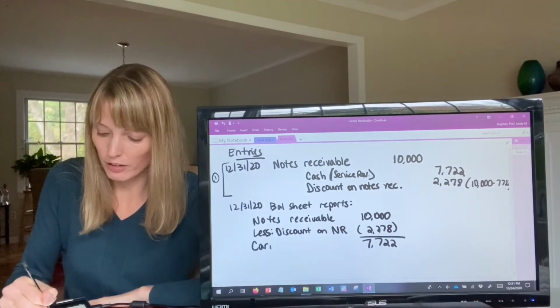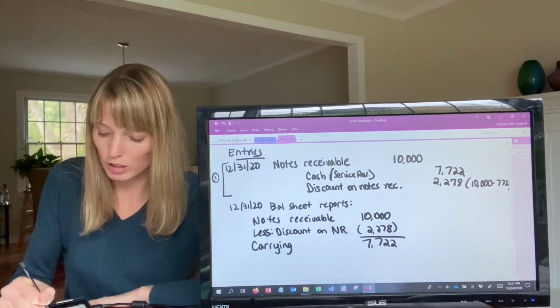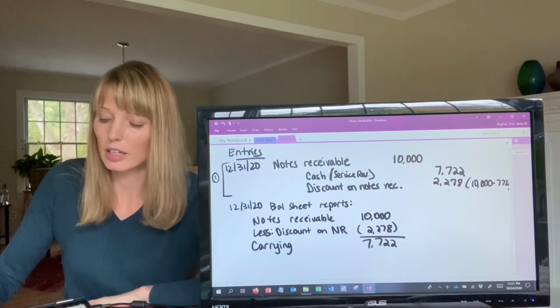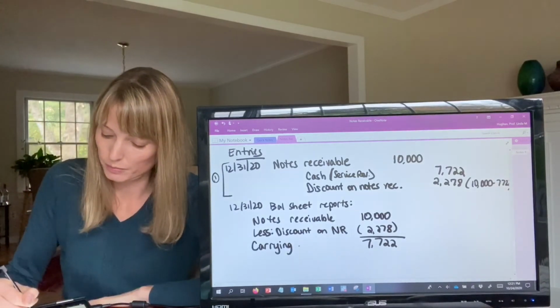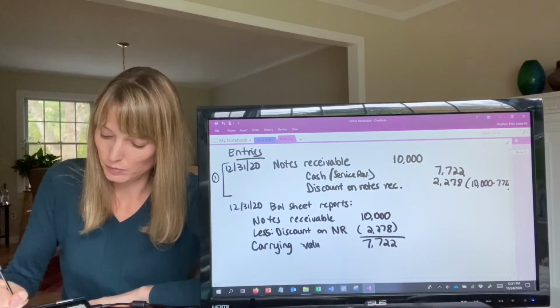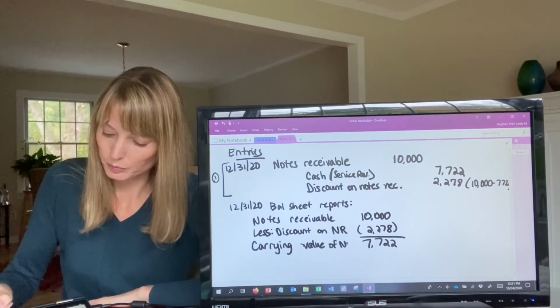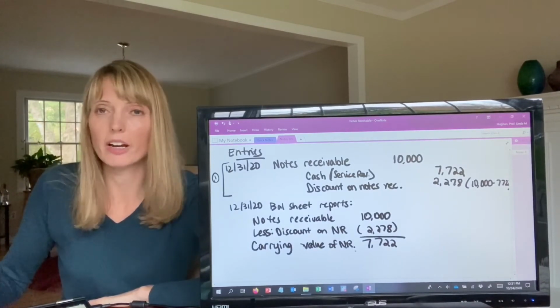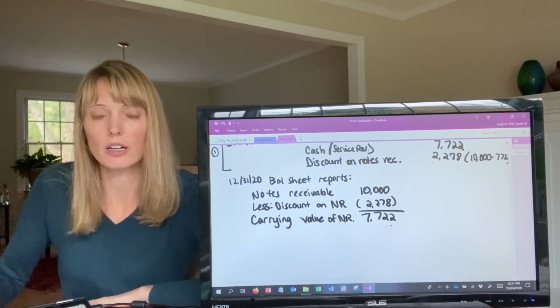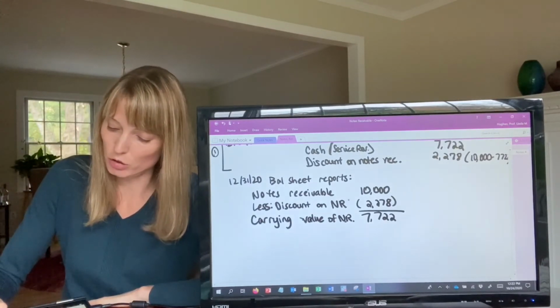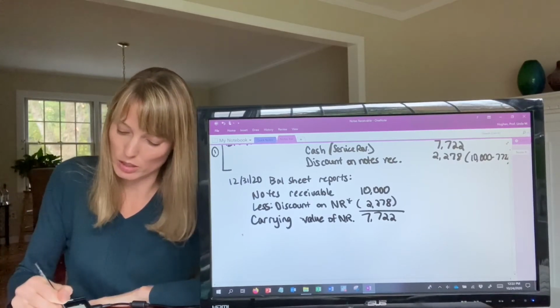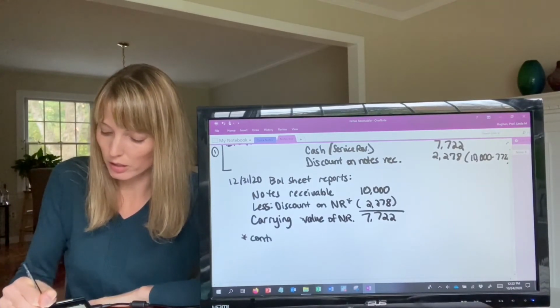And that carrying value is going to change at the end of each year as we allocate some of this discount to each of the 3 years. It says, what are we carrying this note at on our books at year end or on our financial statements? So let me just write a note here that this is a contra asset account.